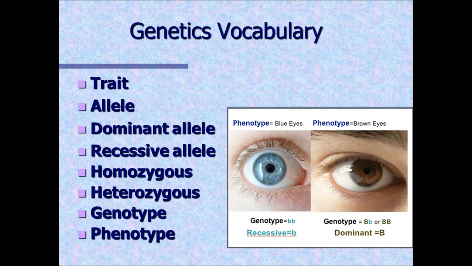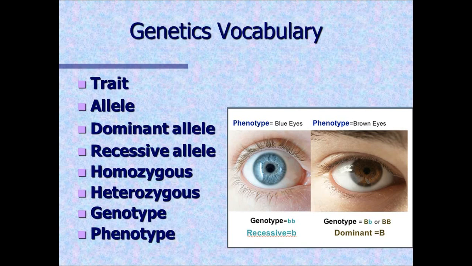A homozygous gene is when both alleles are the same. So we have two capital B's or two small b's in our picture. Each parent is going to contribute one of these alleles, and again will be written as two capitals or two lowercase.